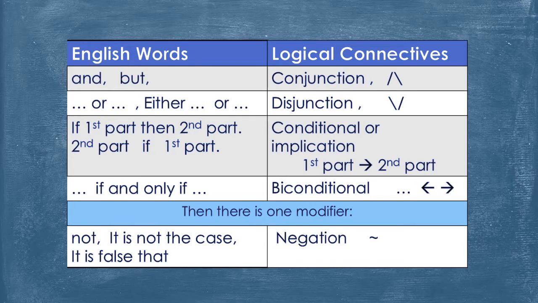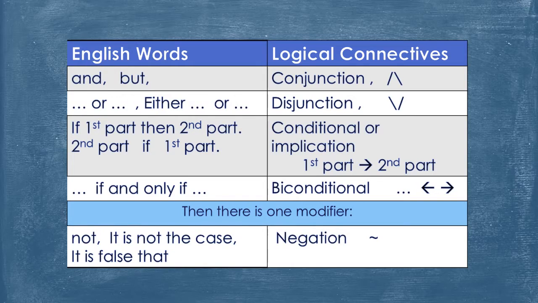Sometimes you may not have the then. It may just be implied. In other sentences, you may have the second part first and then the if appearing in the middle of the sentence. But what follows the if is always considered the first part when we go to symbolize it. And we always have to symbolize it as first part implies the second part.